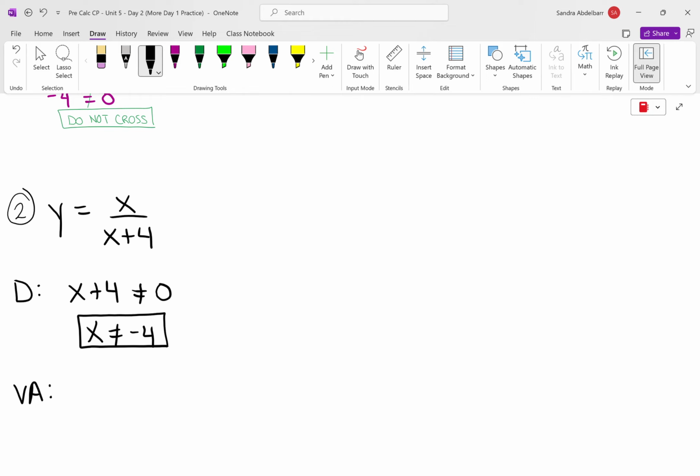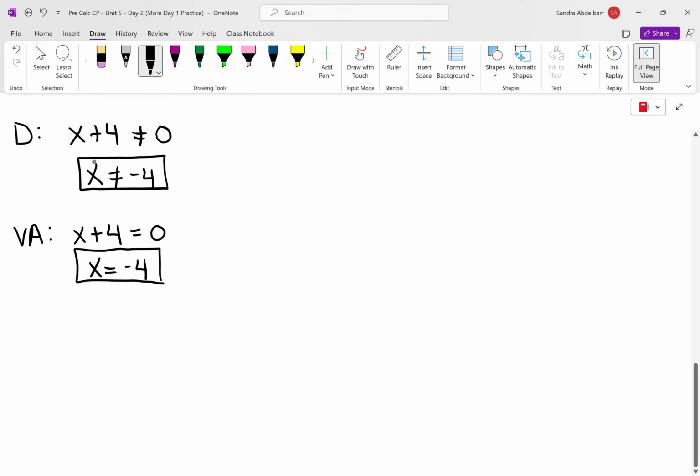Once again, we set the denominator equal to 0. So x plus 4 equals 0, x will equal -4. So we will have a vertical asymptote. Are we allowed to cross the vertical asymptote? Never.